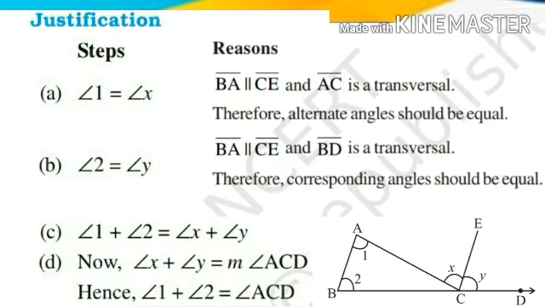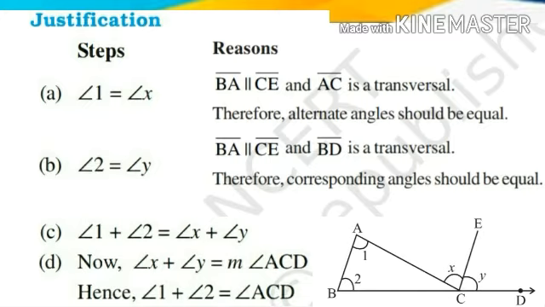Angle 1 is equal to angle x, alternate angles, because BA is parallel to CE and AC is a transversal. Second step, angle 2 is equal to angle y, corresponding angles, because BA is parallel to CE and BD is a transversal.